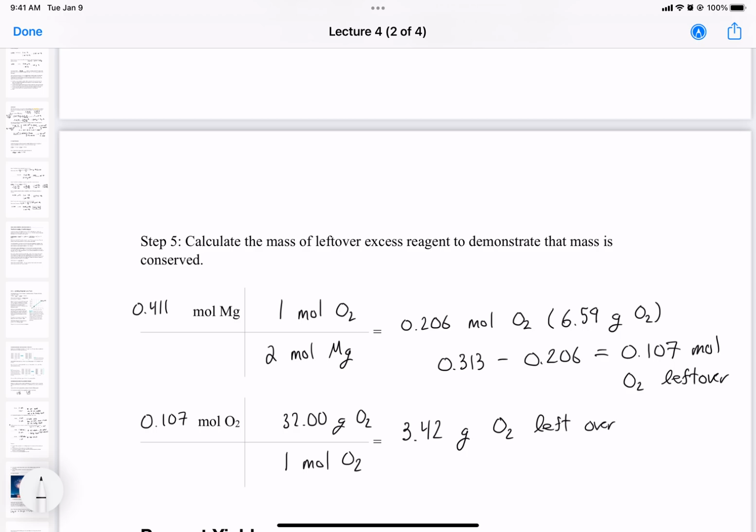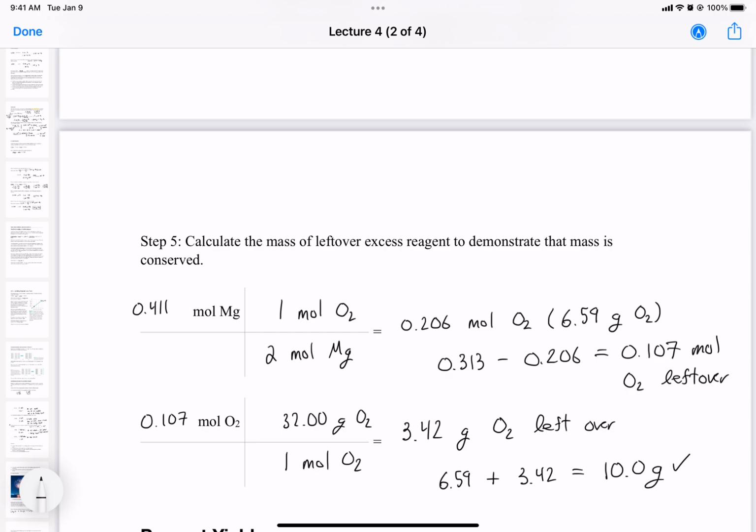And now if we combine these two numbers, right, 6.59 plus 3.42 is approximately equal to 10.0 grams.